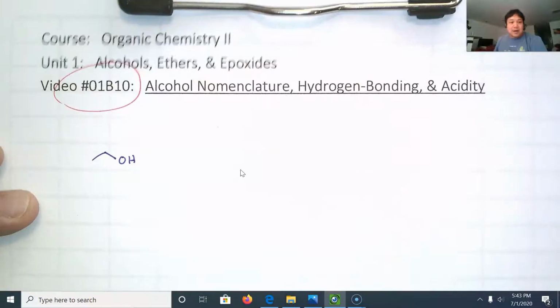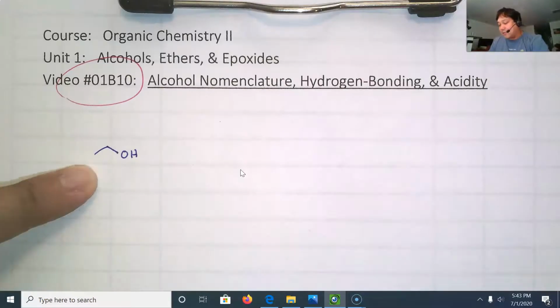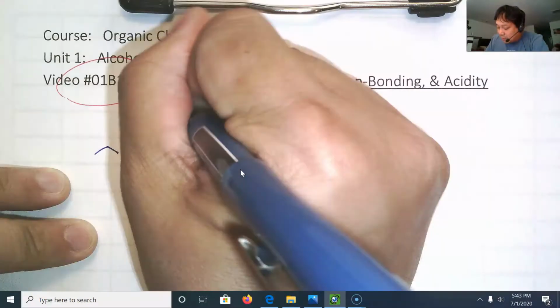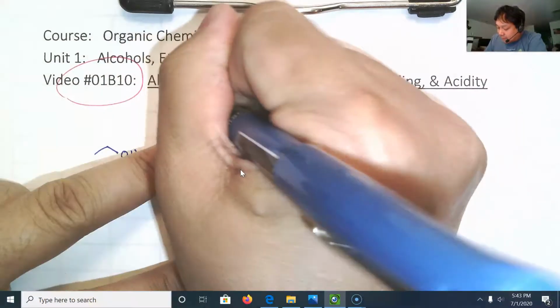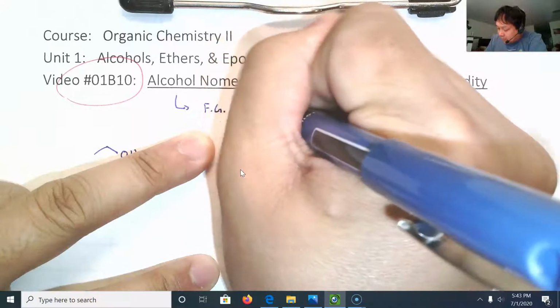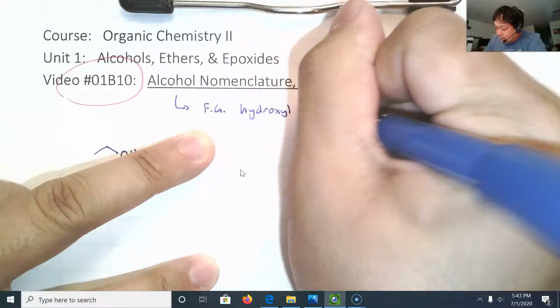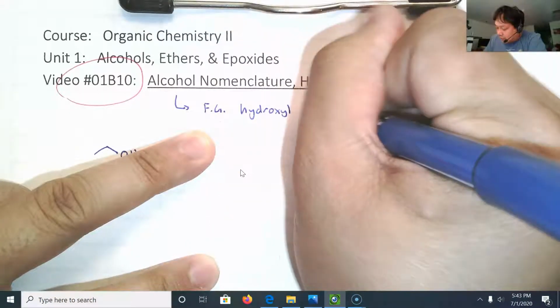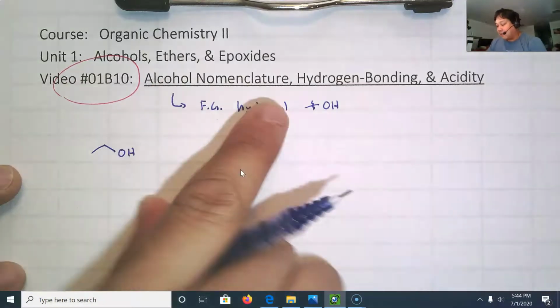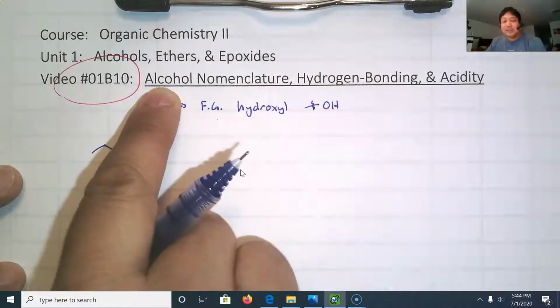Before I talk about this molecule, an alcohol is a molecule that has a hydroxyl group. So it has the functional group called hydroxyl, and that's an OH group. Functional group, class of molecule.